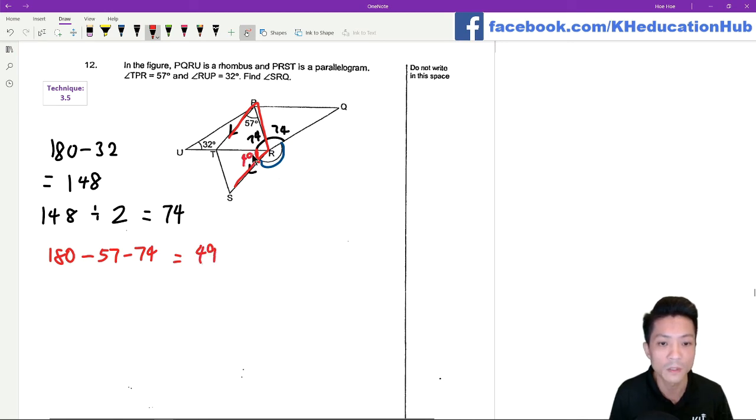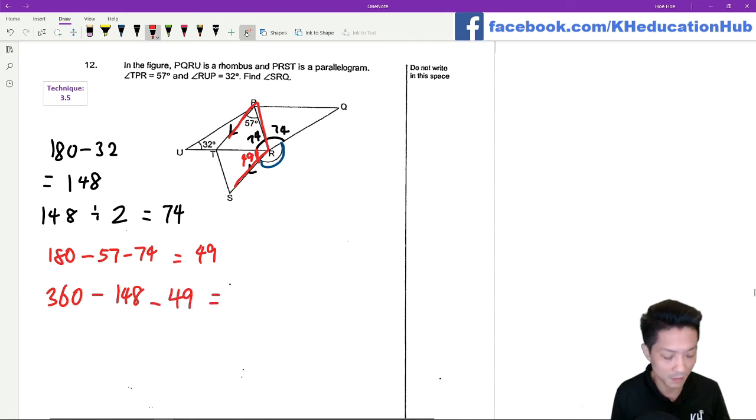This is 49, which means that to get the answer, I need to use 360 minus 148, which is the 74 plus 74. Subtract the 49. Which is 163 degrees.